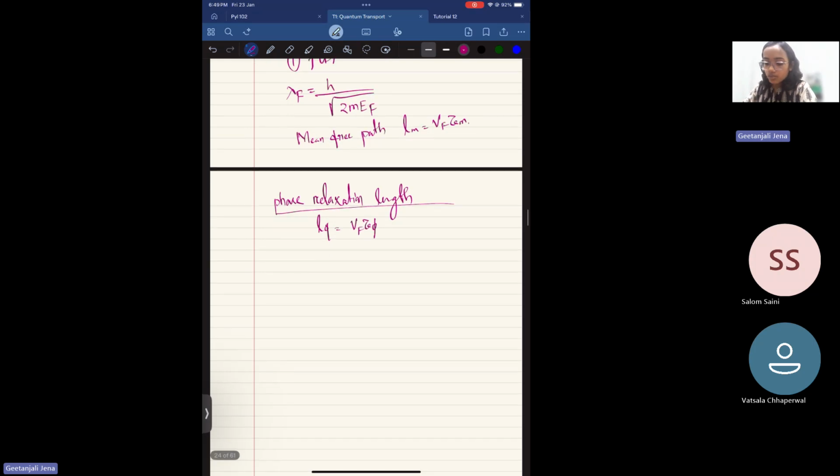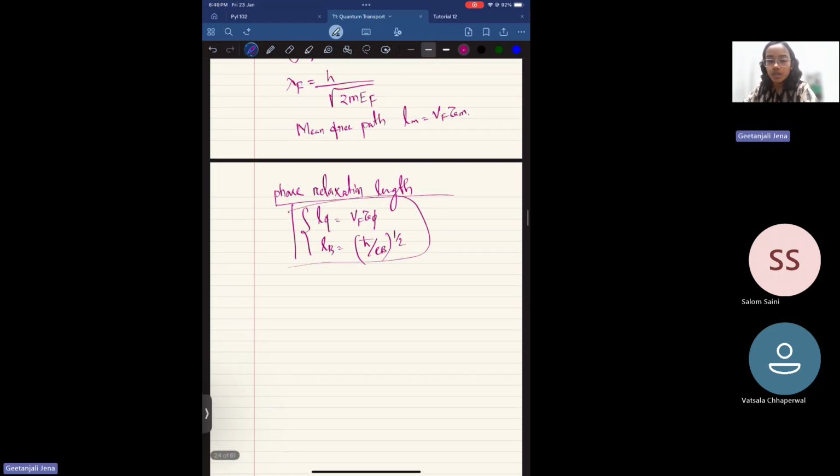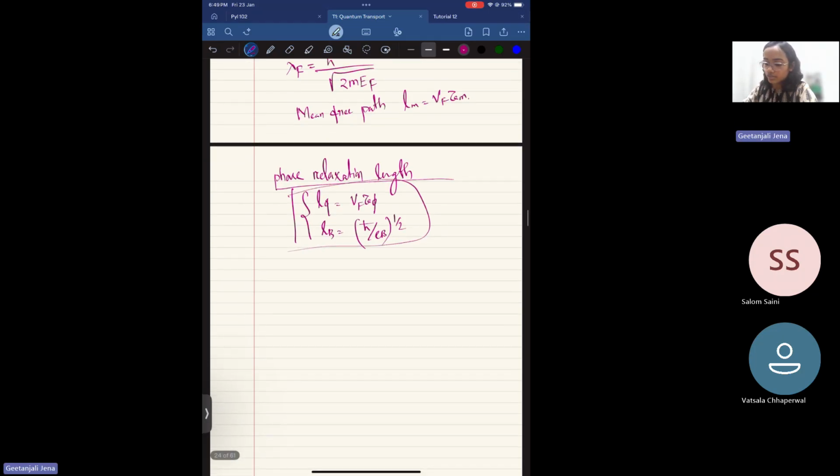And we have also seen the magnetic length L_B, root of h-bar by eB by 2. As of now, just remember this relation. In the upcoming lab session, we'll see the significance of this phase relaxation length and also the magnetic length.